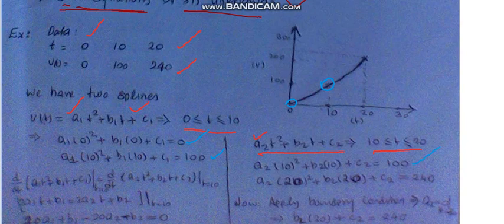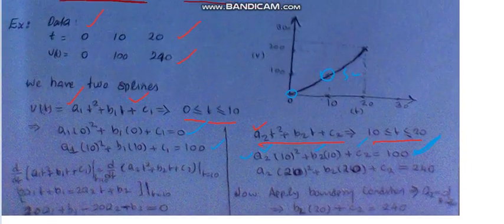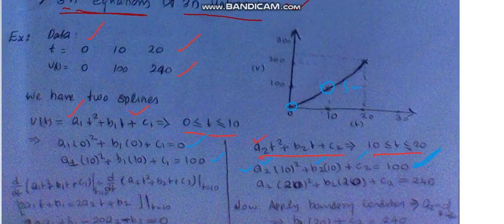The point will be shared with the first spline, but we will have different coefficients here because we have a2, b2 and c2, but the y value will be the same. So for the second spline s2 we have this equation: a2 into 10 square plus b2 into 10 plus c2 equal to 100, that is the y value.